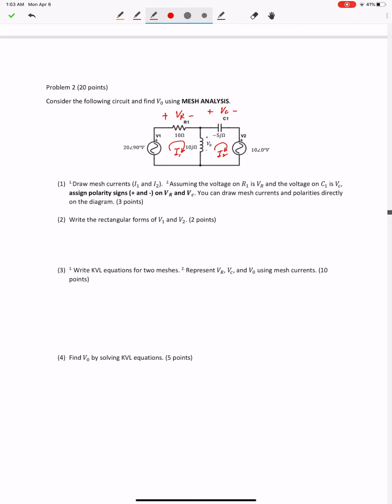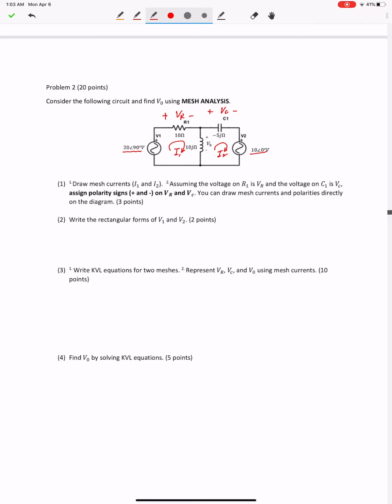The second question is to write the rectangular form of V1 and V2. V1 is the voltage source on the left. V2 is the voltage source on the right. These two expressions, which I highlighted here, are polar forms, right? And the question asks us to find the rectangular form of V1 and V2.